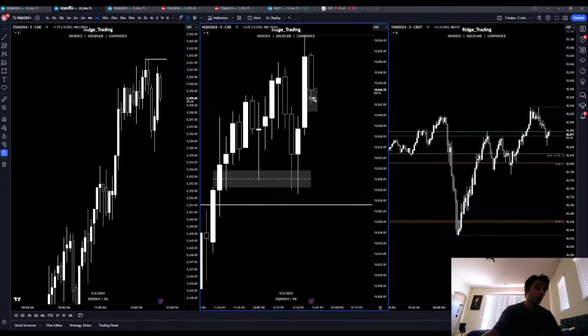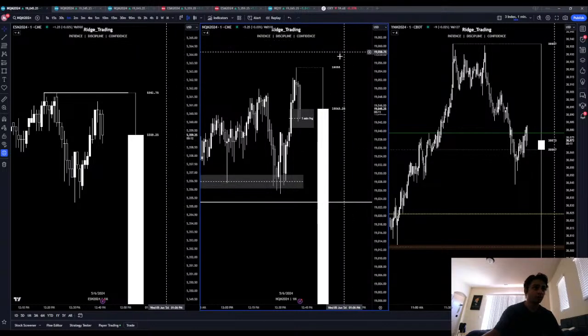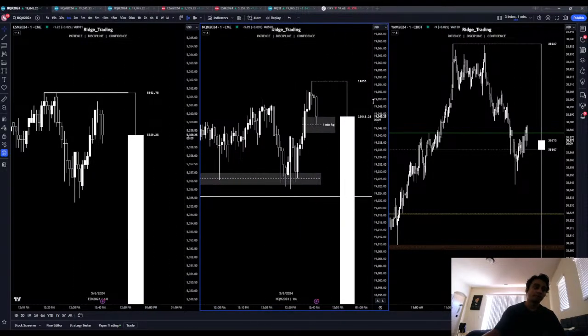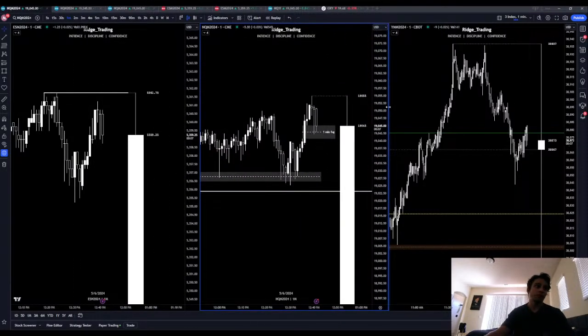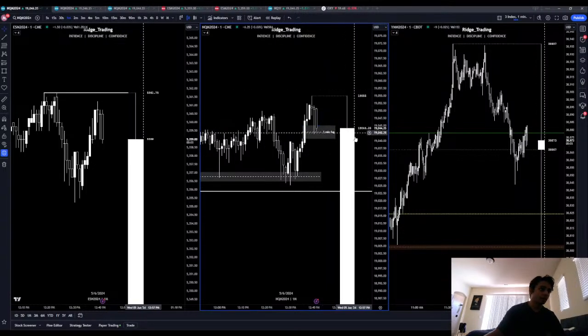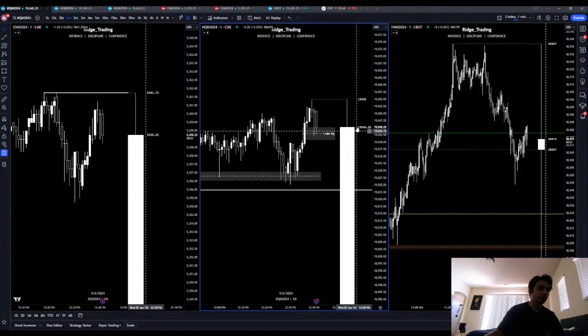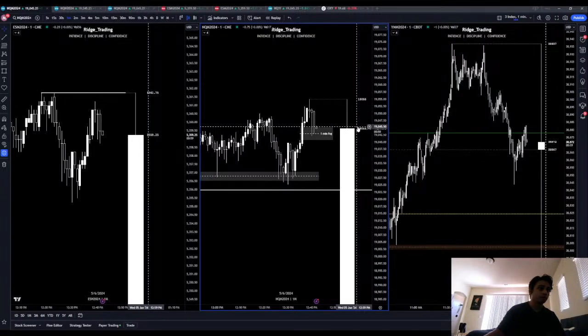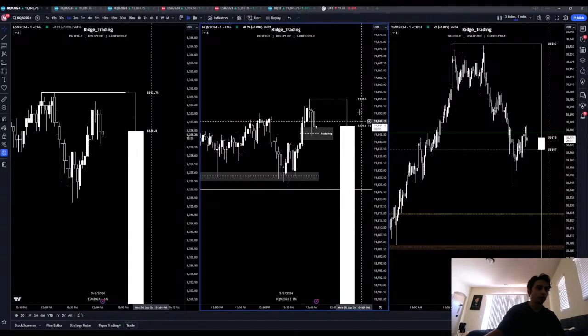So I would assume that if we're ripping, there's a decent chance, I obviously don't know for sure, that we get a little bit of a push down on that 350 candle to leave a little bit more of a wick here, right?